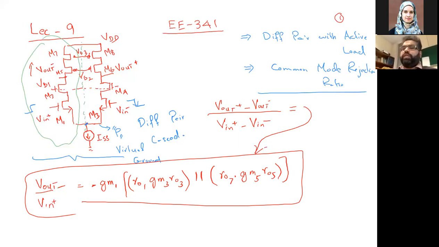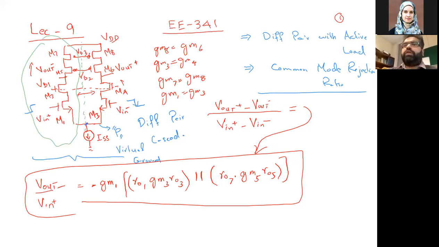Since we say GM3 is identical to this one, which we name M4, GM3 will be equivalent to GM4, GM7 will be equivalent to GM8, GM1 will be equivalent to GM2, and similarly GM5 will be equivalent to GM6. That's why they are diff pairs and they are symmetric. That's what we covered in the last lecture.